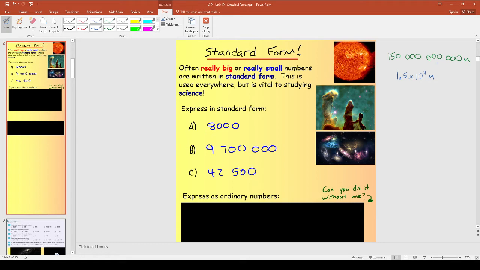It was a lot easier to write. There's fewer zeros, so there's fewer errors to be made. Whew, sorry, I'm struggling over my words today.